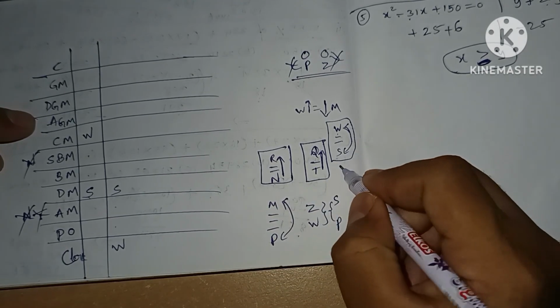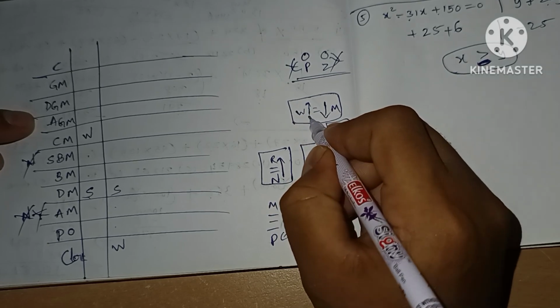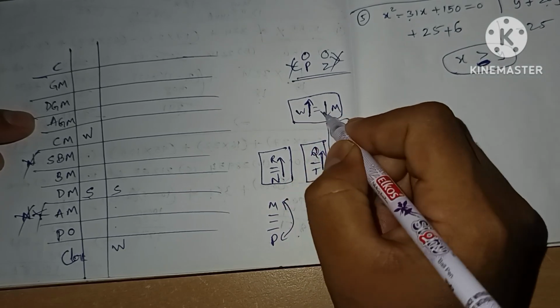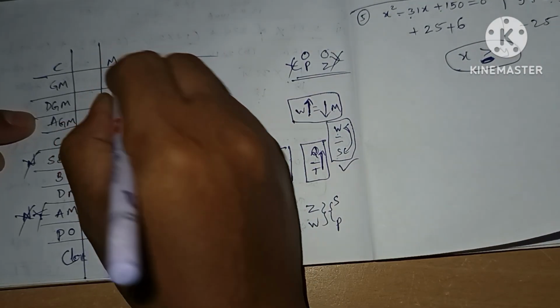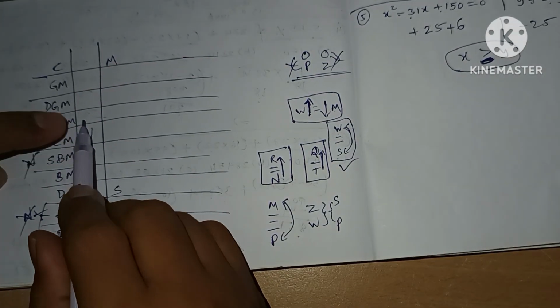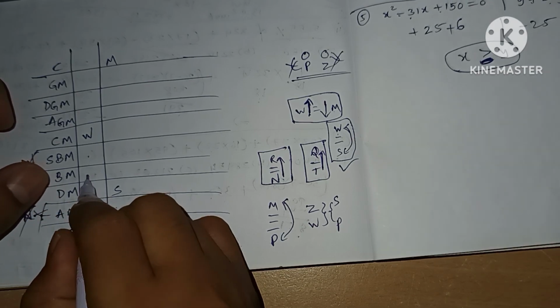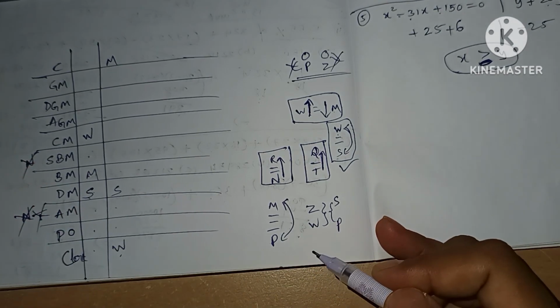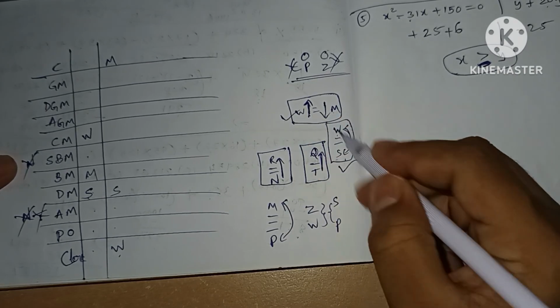So after W we got this one. W top how many equals to M below. So W is here, so M is here. If it is W 1 2 3 4, 1 2 3 4, this is M's place. Okay, so we have completed this one and this one.